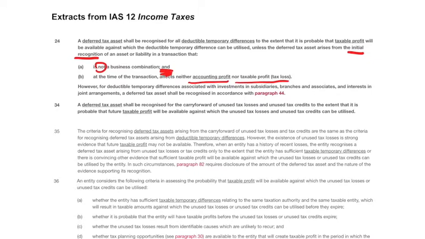And this really is the paragraph 15 exemption.